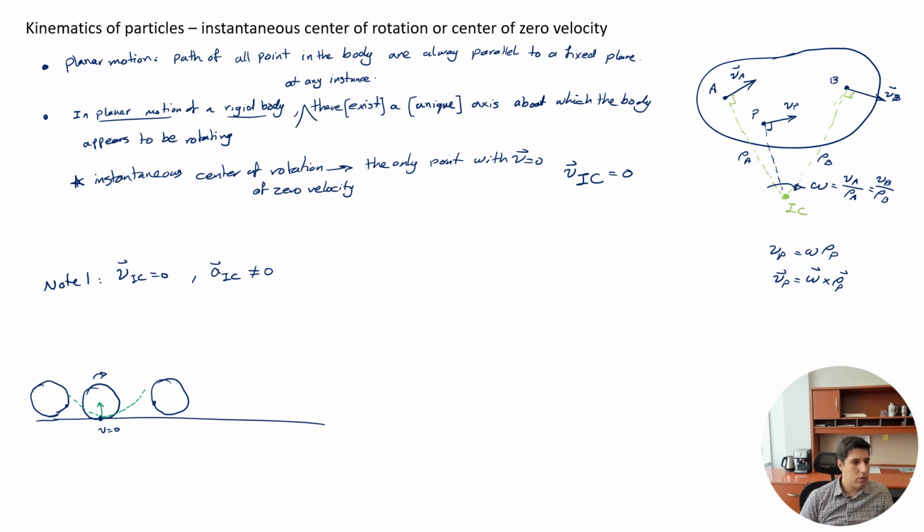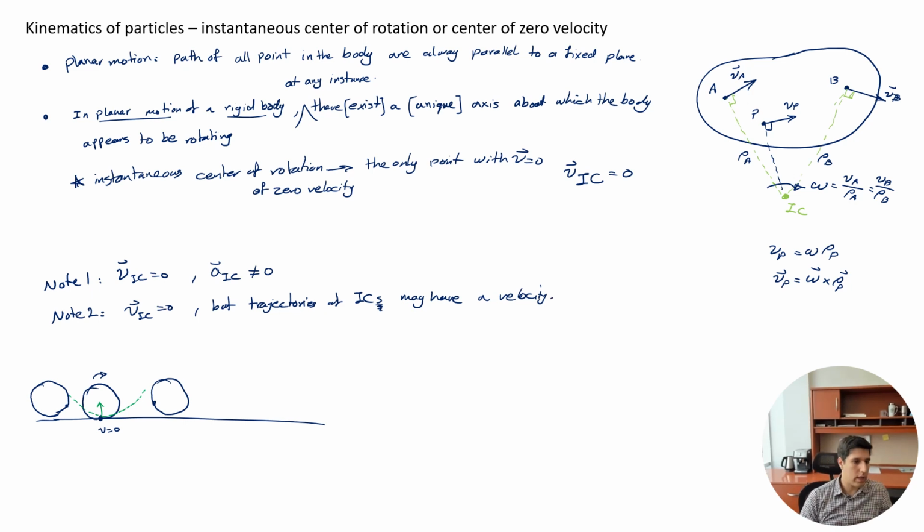That brings me to note number 2, that V of IC is 0, but trajectories of ICs, pay attention to this plural, may have a velocity.